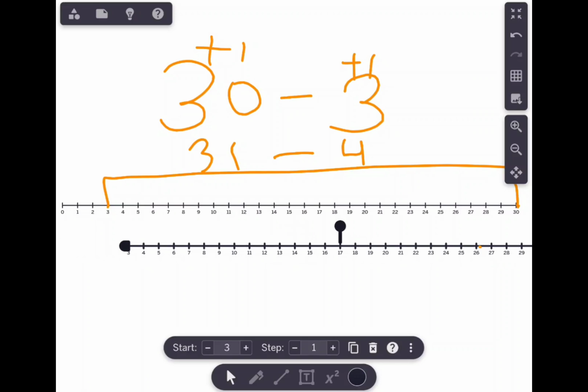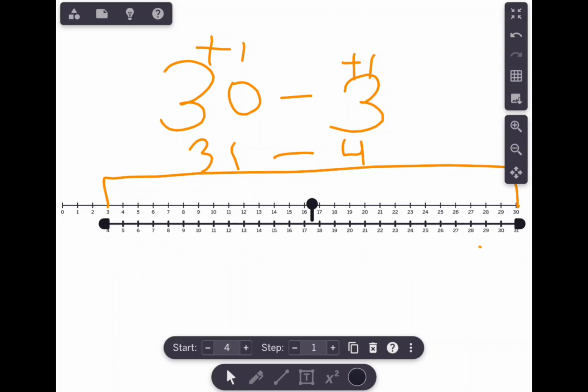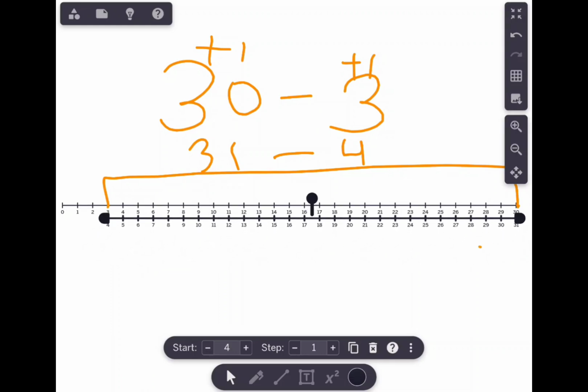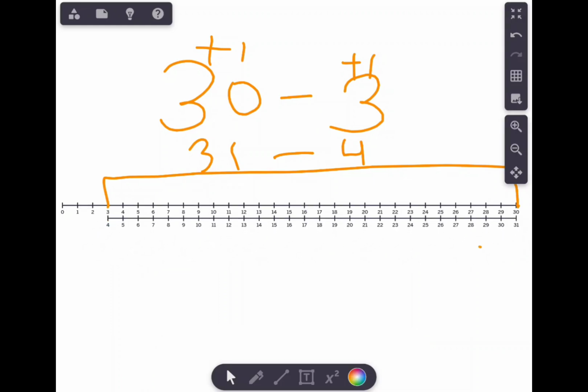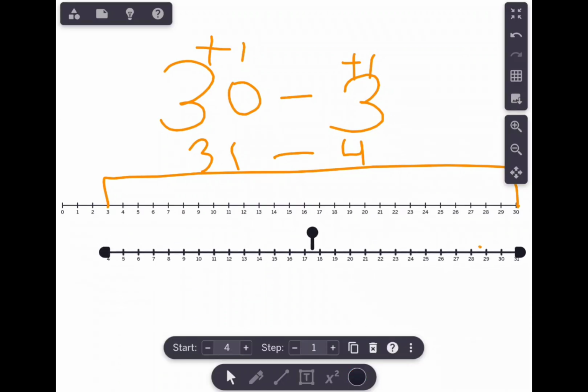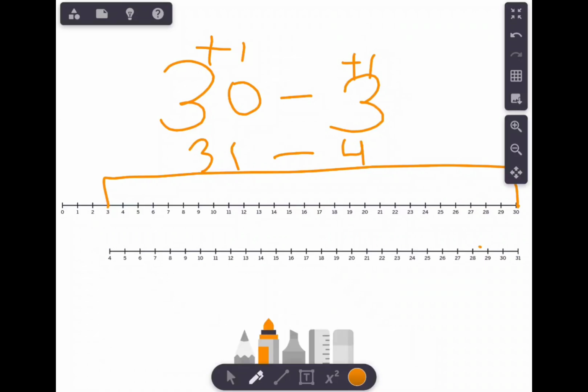I want to start at 4. This is how I can squeeze in this number line, and you can see the distance between these two numbers, 3 and 30, and 4 and 31, is the same.